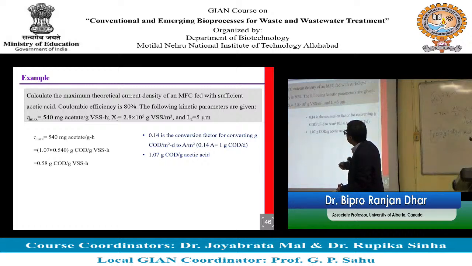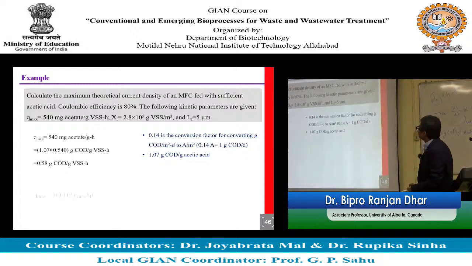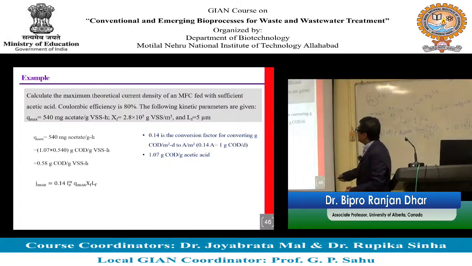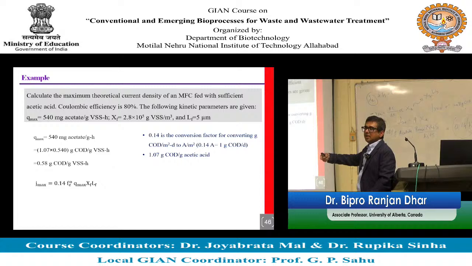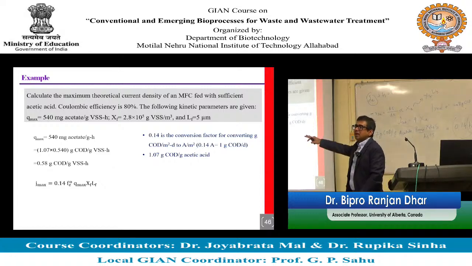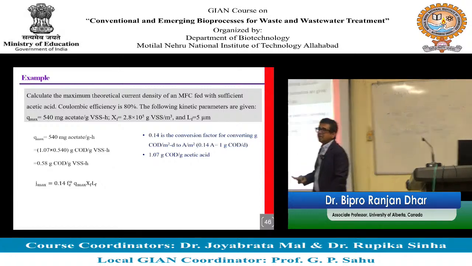So 540 milligram acetate per gram per hour gives me 0.58 gram COD per gram VSS per hour. So this is my equation. Substrate is not rate limiting, they are fed with sufficient acetic acid, so I am considering Jmax.